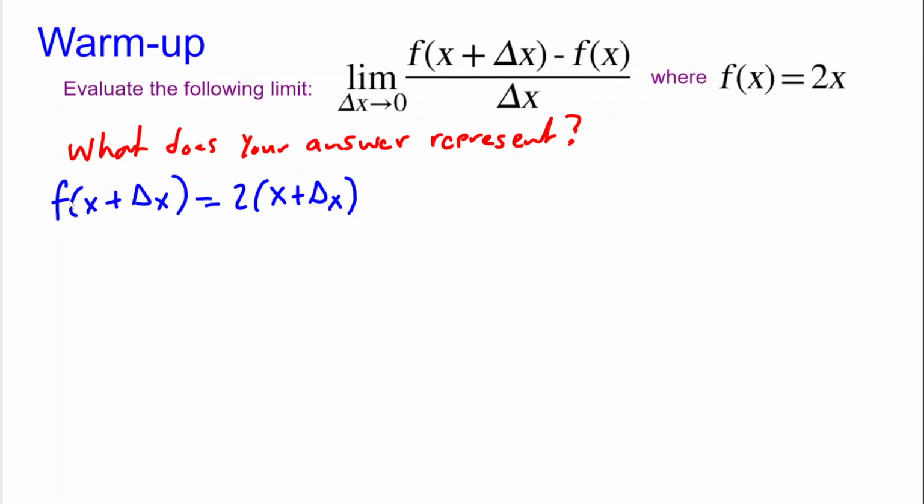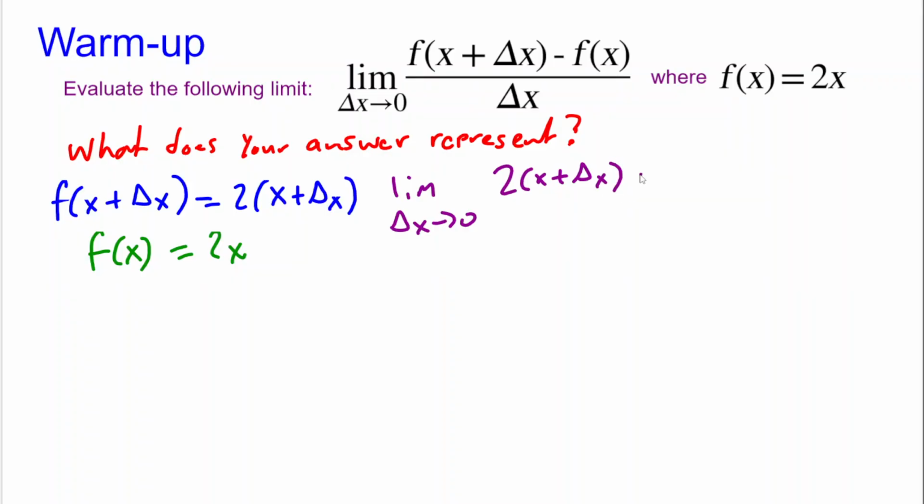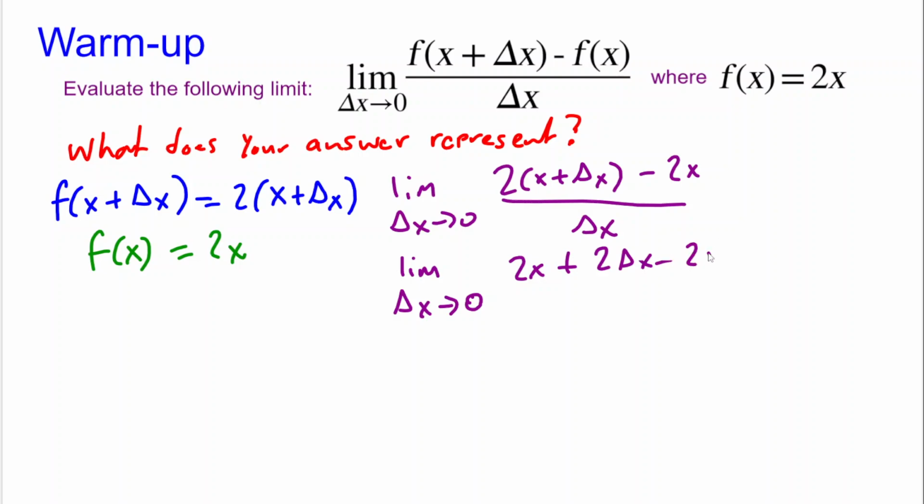So then, for f of x plus delta x, we plug in x plus delta x for x, so 2 times x plus delta x is f of x plus delta x. And then f of x, of course, given to us, is just 2x. So now we have the limit as delta x approaches 0 of 2 times x plus delta x minus 2x over delta x. Then the limit as delta x approaches 0 of 2x plus 2 delta x minus 2x over delta x.